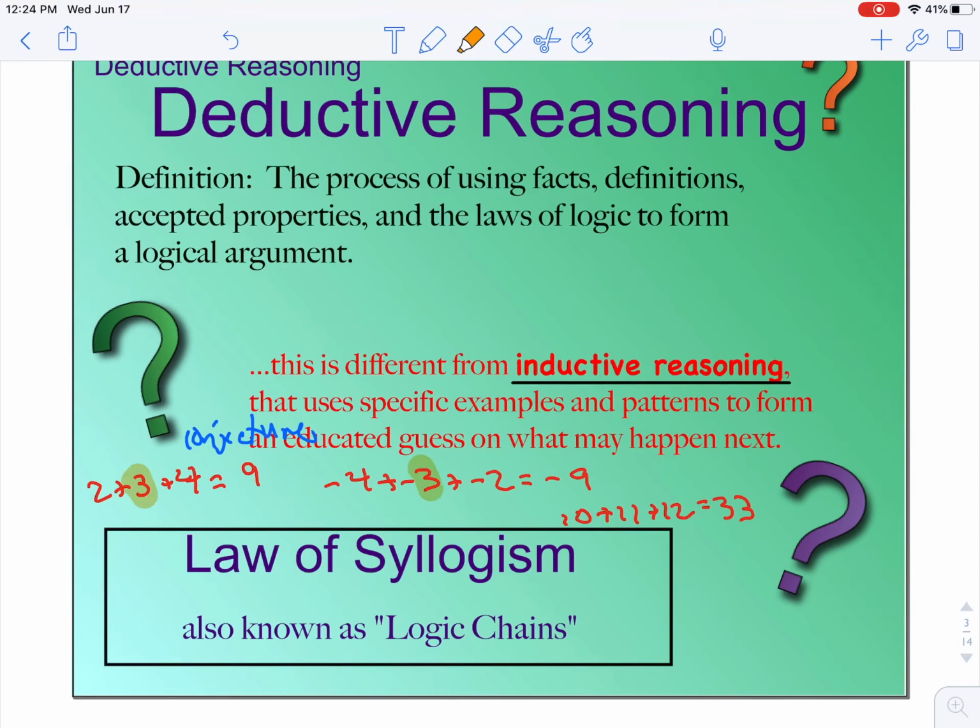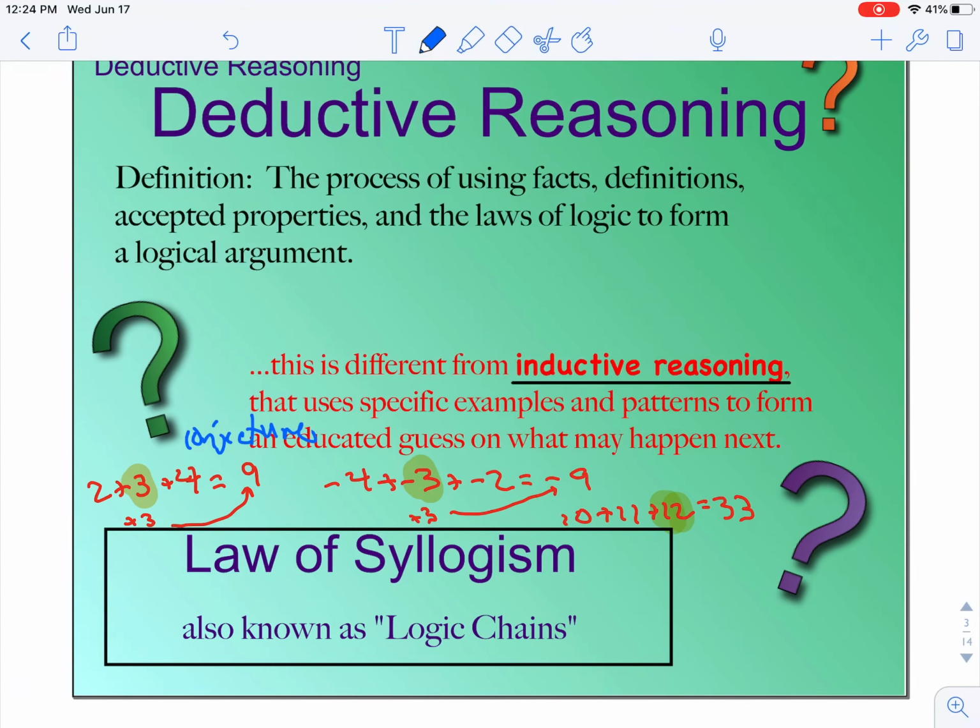If we look at what's happening, we can make a conjecture: the sum of any 3 consecutive integers is the middle integer times 3. If we multiply by 3, it gives us the sum. That is our conjecture.